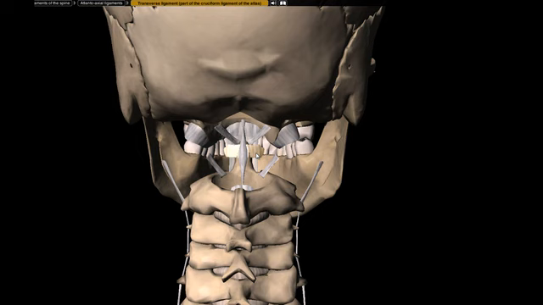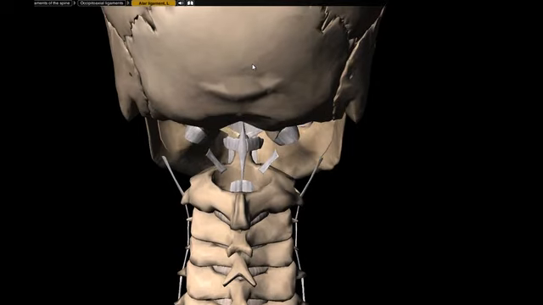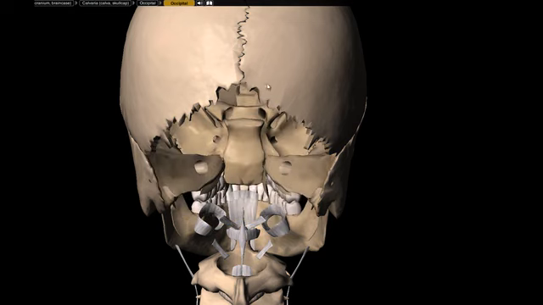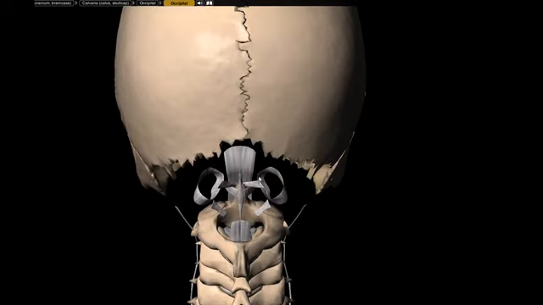So there is the transverse portion, there is the longitudinal portion, and then I have part of the tectorial membrane, and sometimes as well as the alar ligament. So the alar ligament attaches the dens to the occiput.